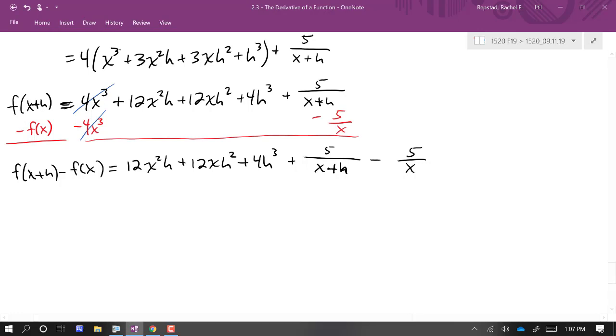X plus h and x. Yep, right. So x and x plus h have no factors in common, so their common denominator is just the product of the two. So we need to give an x there, up top and the bottom, and then the x plus h over here.